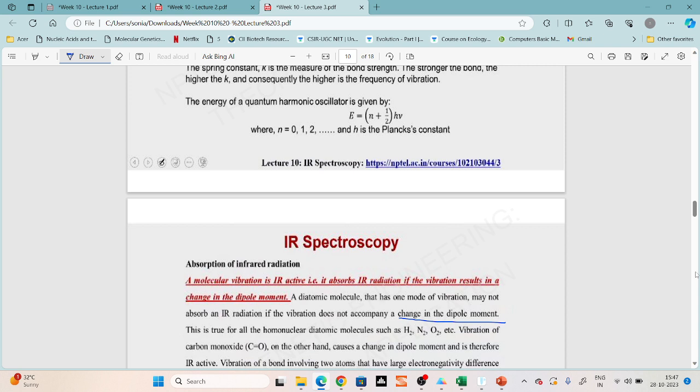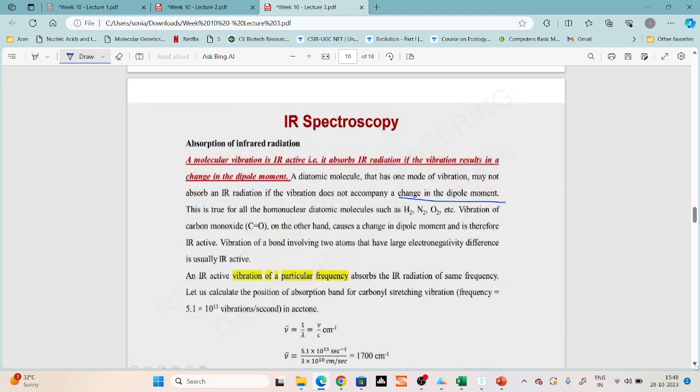So, for homonuclear diatomic molecules, for example H2, N2, O2, there is no change in the dipole moment. Whereas molecules such as carbon monoxide have a change in the dipole moment, therefore it is infrared active. So what we got to know here is that not all molecules are infrared active.